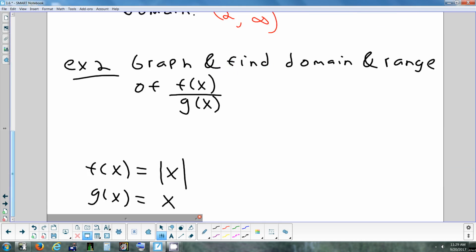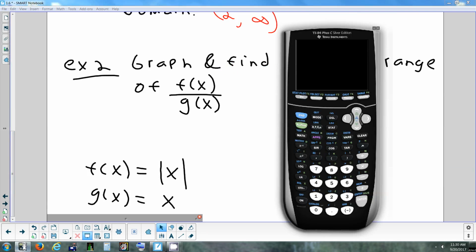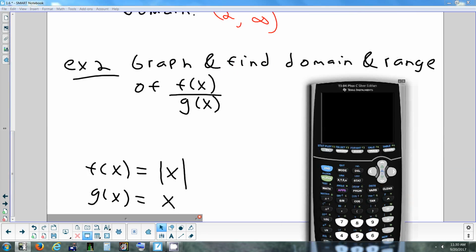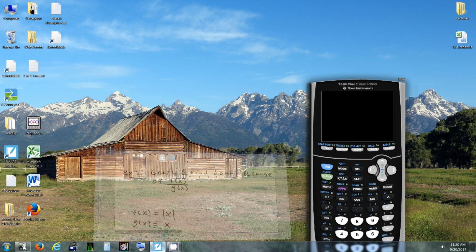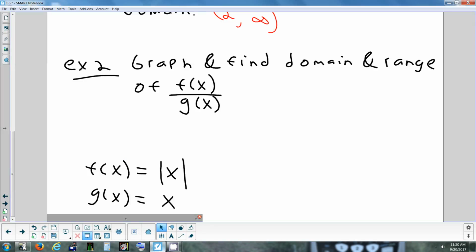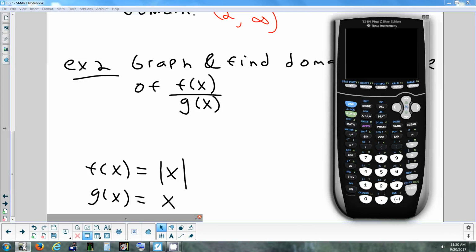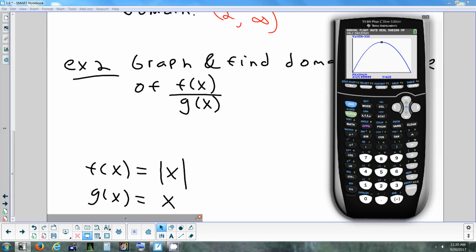All right, let's try this one. Let's graph. This is one we're just going to graph it. And it says to take f of x divided by g of x. All right, so f of x is absolute value of x.